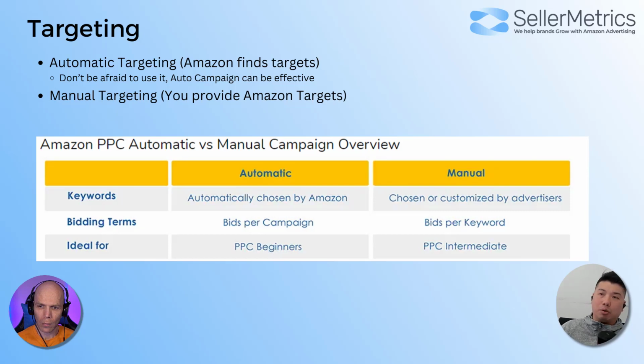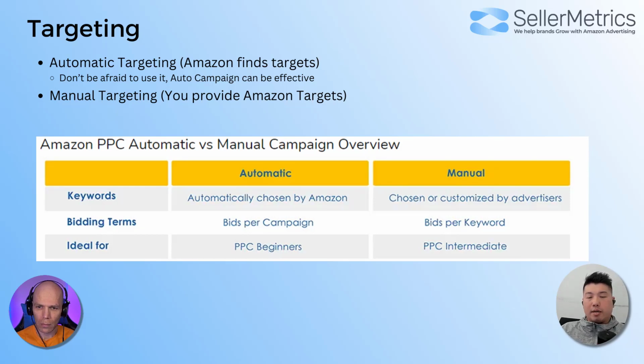Using their algorithm or AI, Amazon will find a good match of traffic towards your title. So that's why it's very important to have your actual book listing well optimized with really relevant keywords. If you use an auto campaign, Amazon will choose the data from your book listing for proper relevant traffic.